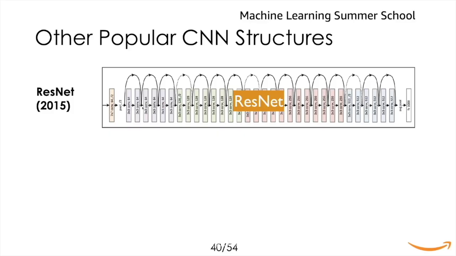So the output of this particular layer was directly added to the output of this layer, and the sum was passed to the next layer. So this layer only needed to learn the residues. This architecture allowed the authors to train a 150 layer network and win ILSVRC 15.